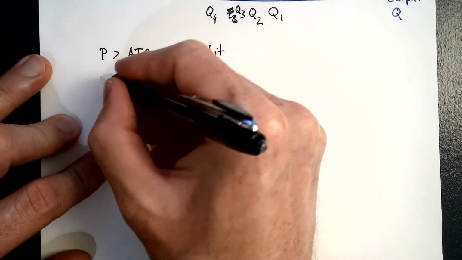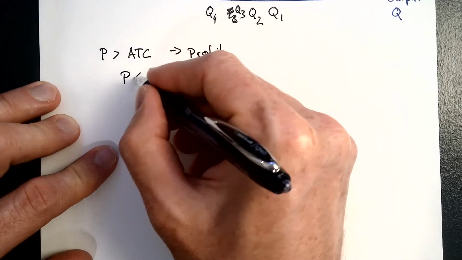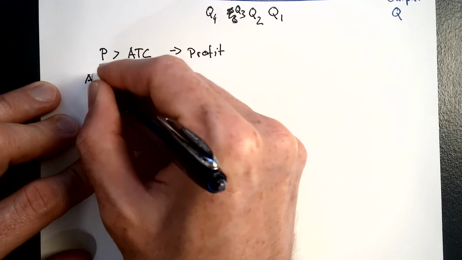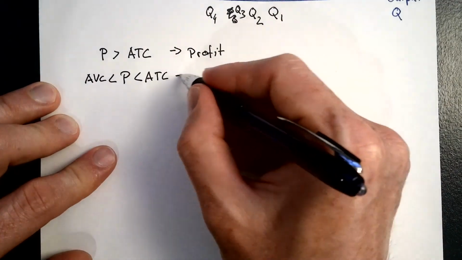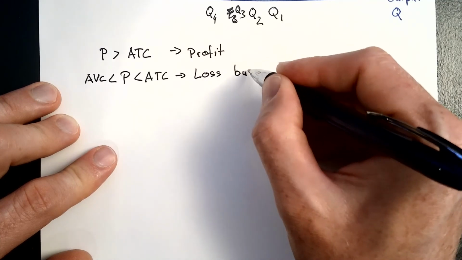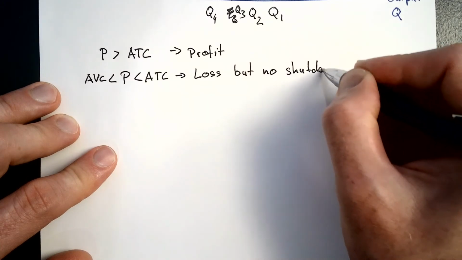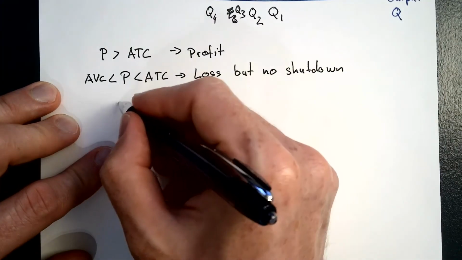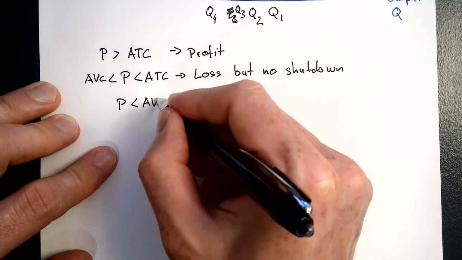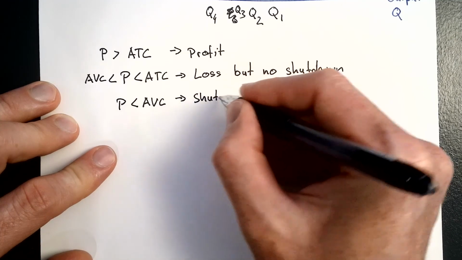If the price is below the average total cost, but above the average variable cost, then the firm is making a loss, but there is no shutdown. Okay, so the firm continues to produce. And if the price is below the average variable cost, the firm shuts down. Okay, so we have a shutdown.